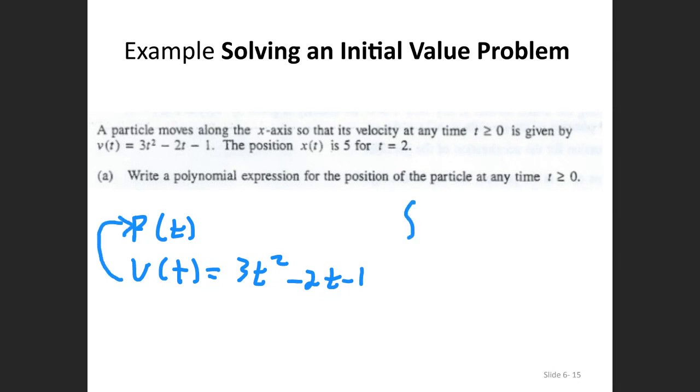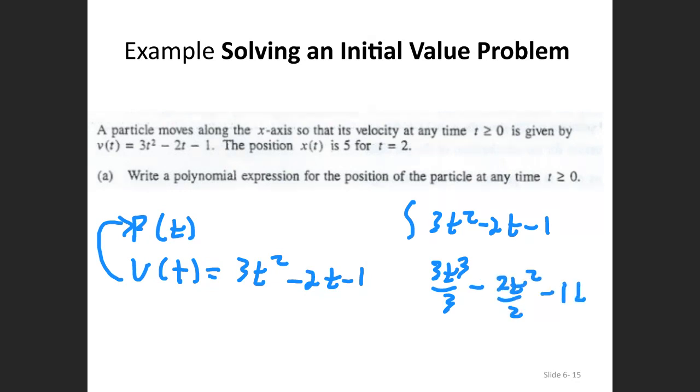So I would do the integral of 3t squared minus 2t minus 1. So what is that going to be? That's going to be 3t to the third over 3 minus 2t squared over 2 minus 1t plus c. So if I reduce this down, t to the third minus t squared minus 1t plus c.